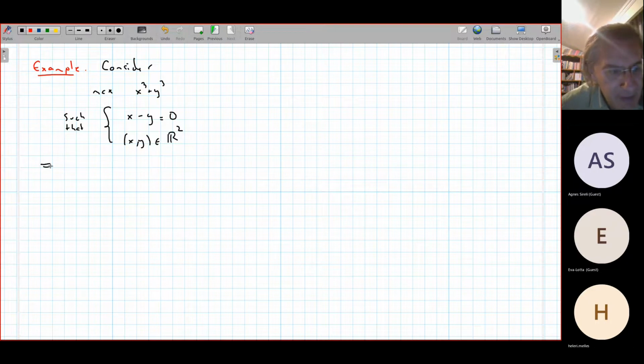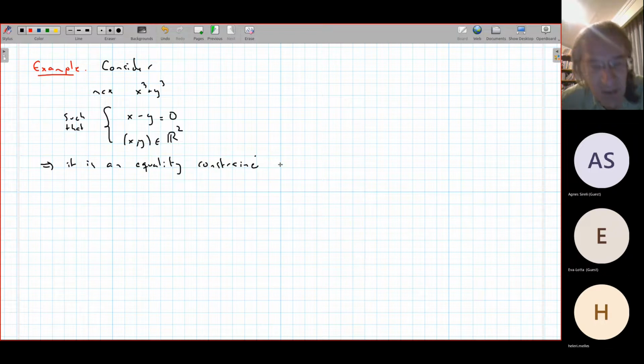Do you notice that this is an equality constrained problem?